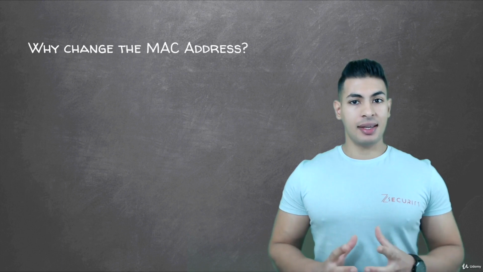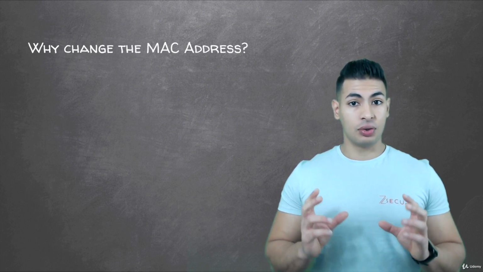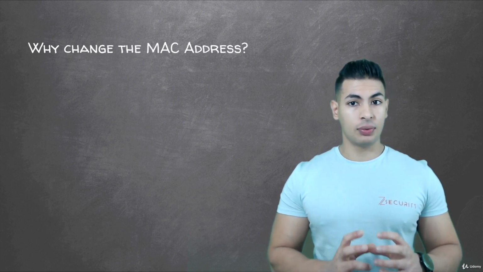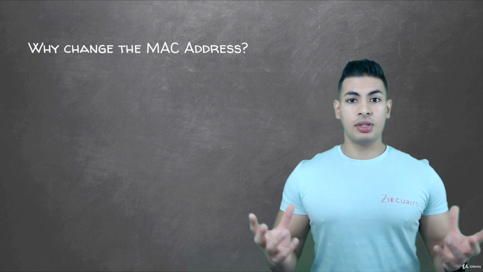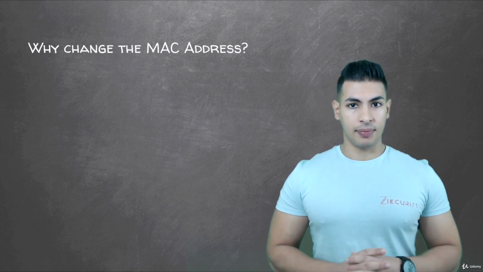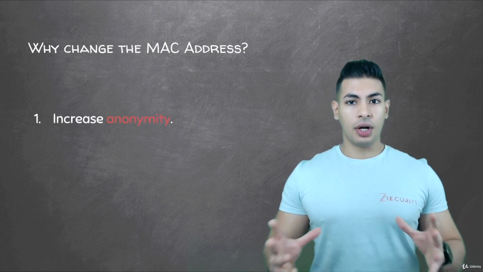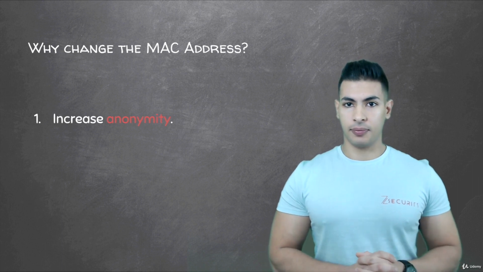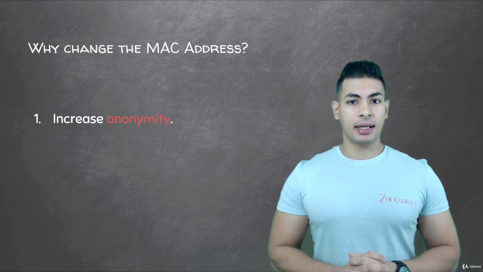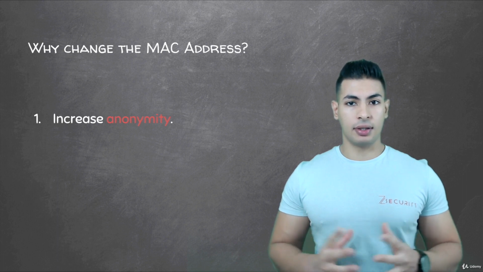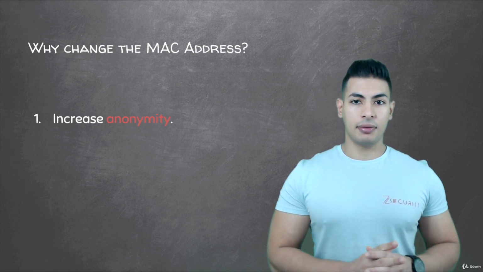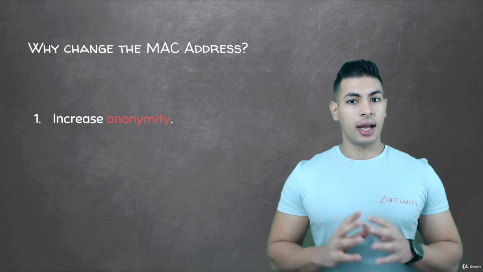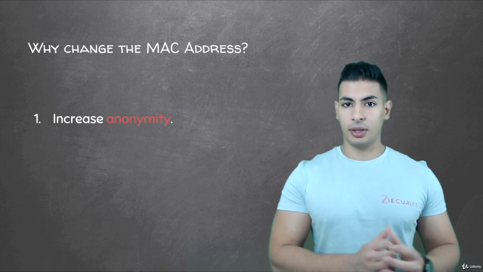Because this is a physical unique address for each interface, each network device, and because it is used to identify devices, changing it will make you anonymous on the network. Not only that, but the MAC address is often used by filters to prevent or allow devices to connect to networks and do specific tasks on the network.